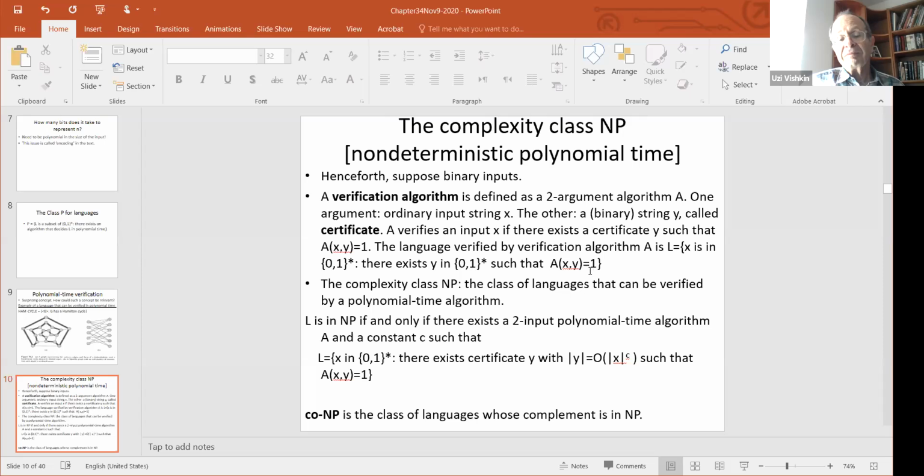Okay, this is really a mouthful. I'm giving you a verification algorithm, and the question is, what is the language that it verifies? And the answer is a roundabout answer. If you can find a certificate, and I'm not telling you how to find it, I will show you that the certificate is correct.